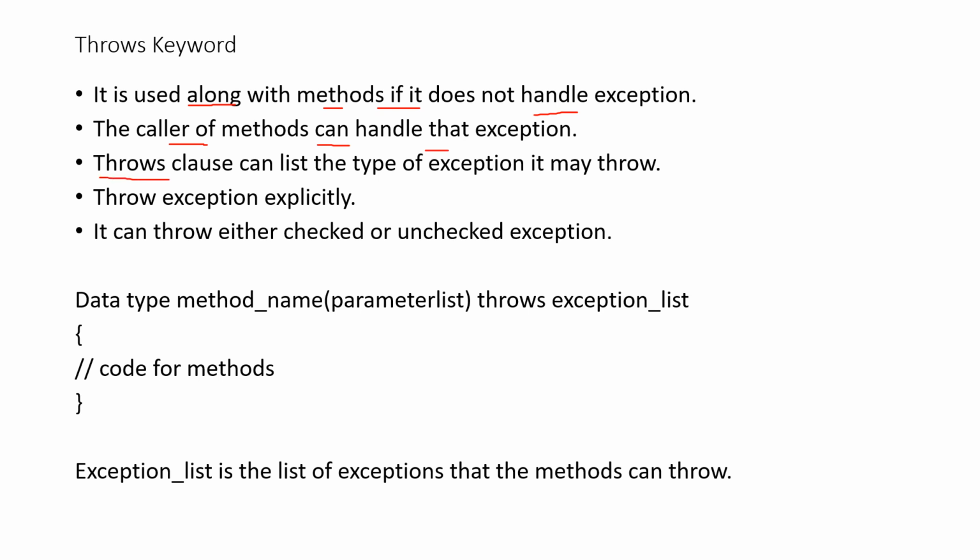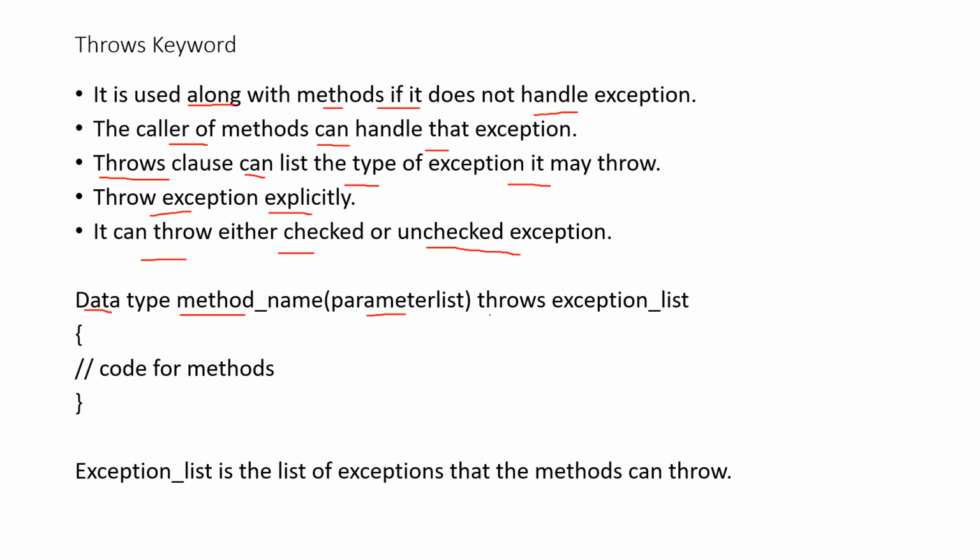The throws clause can list the types of exception it may throw. It can throw either a checked exception or an unchecked exception. The syntax is the data type, the method name, the parameter list.